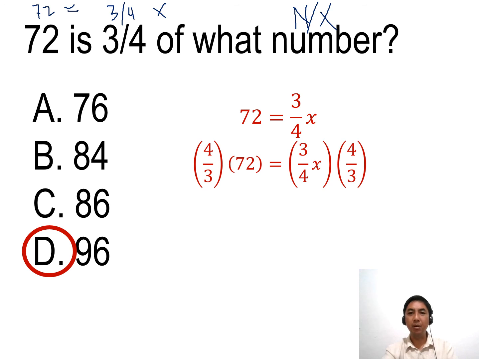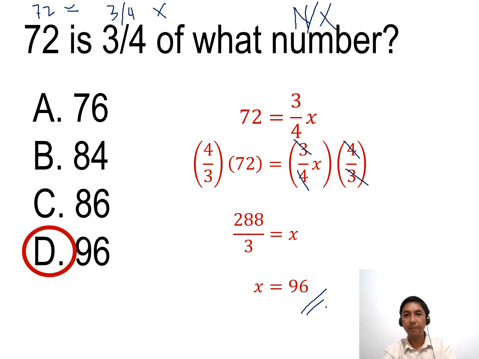You just multiply both sides by the reciprocal of 3/4 in order to cancel 3/4. Just like this. You cancel this, you cancel this. What remains is x. Then after that, ito naman, yung 72 multiply mo sa 4/3. So 4 times 72 is 288. Then you divide by 3. So the value of x equals 96. So this is your final answer.